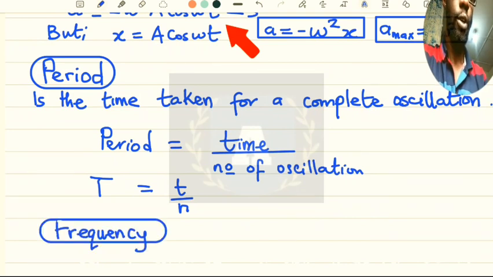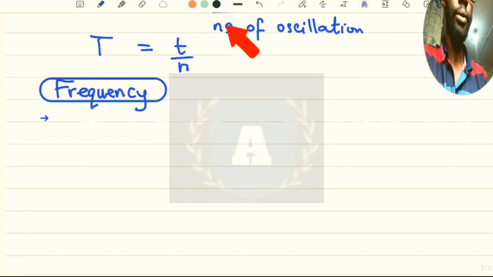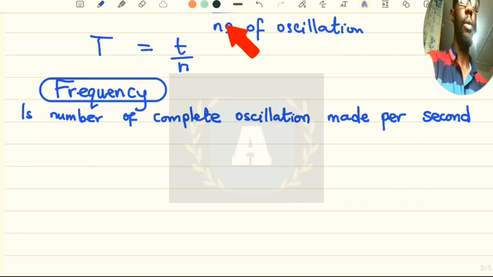Another term we use is frequency. What is the meaning of frequency? It is the number of complete oscillations made per second.